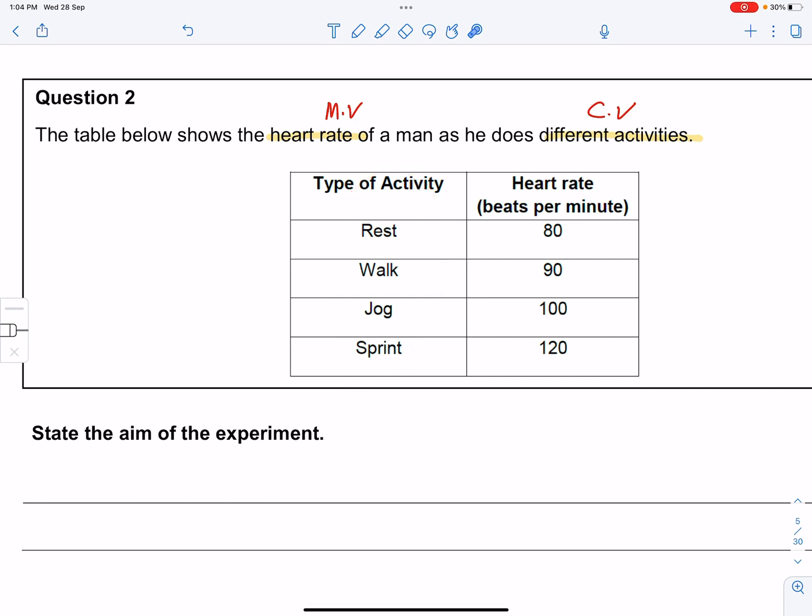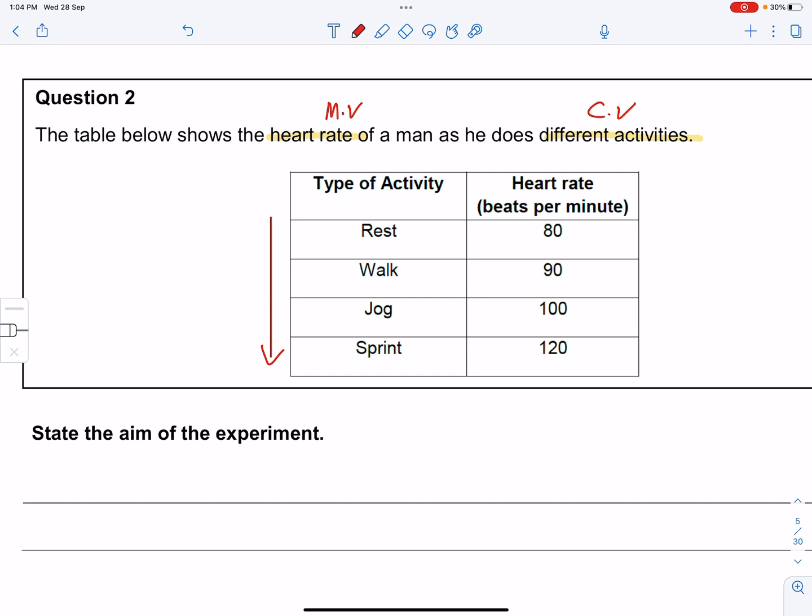So you can say that it is to find out if different types of activities affect rate of heartbeat, or heart rate. You can say that, but does it really translate to anything that is meaningful? Not quite, right? If you take a closer look at this activity, you will realize that each activity here represents different intensity.